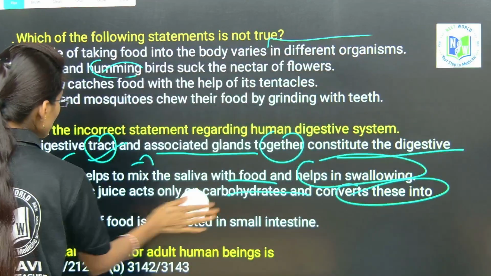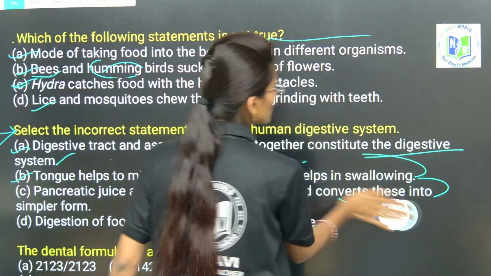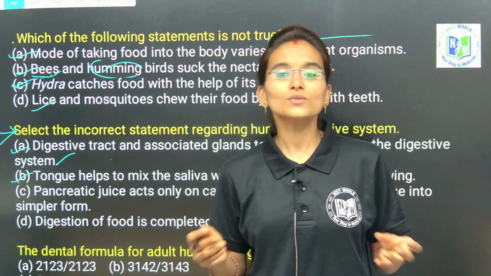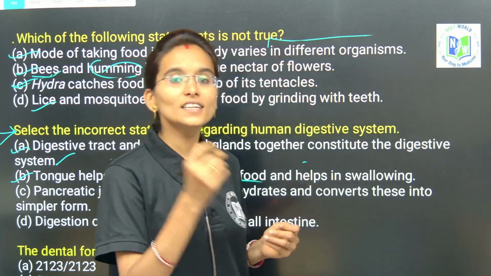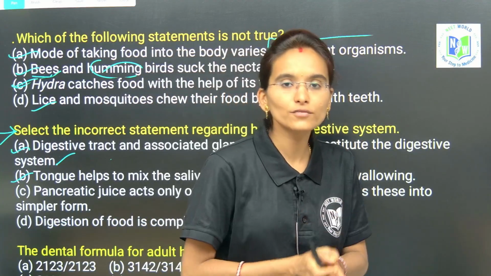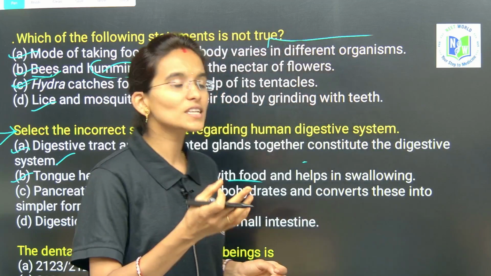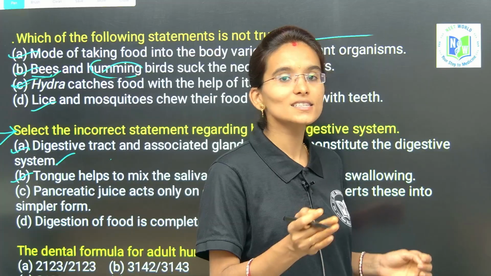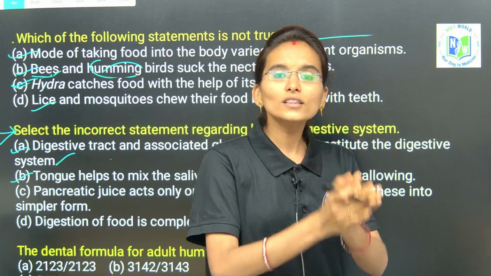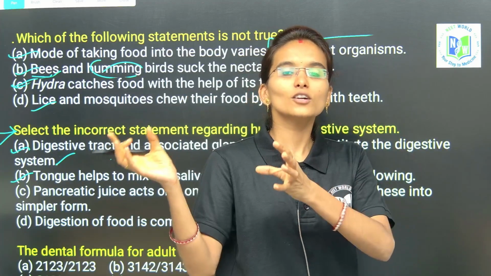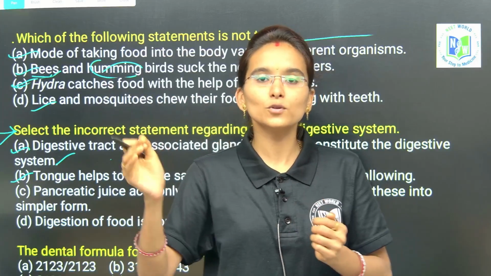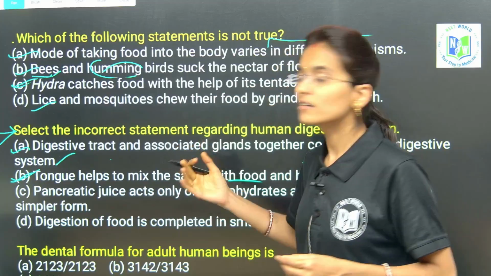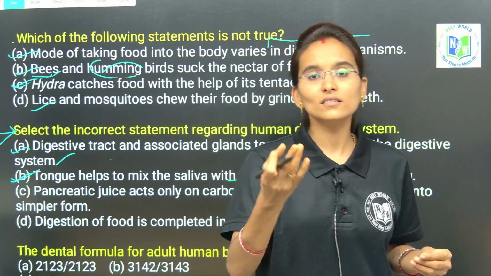Students, we have already solved this in the second question itself, okay. The pancreatic juice does not only contain the enzymes involved in breakdown of carbohydrates, but it secretes all 3 different types of enzymes: lipases, proteases and amylase, okay. These enzymes act on the complex nutrients like carbohydrates, proteins and lipids, okay.